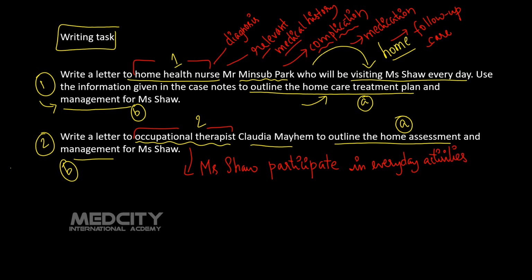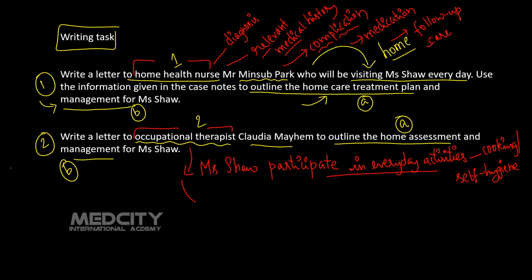Now Ms. Shaw has undergone some kind of treatment, so she's not fully alright to be on her own. So how her everyday activities should be managed. So what comes under everyday activities? It could be, let's say, cooking, okay. It could be about self-hygiene, okay. So these are routine, right, what everybody does. So how I can help my patient participate in these activities as an occupational therapist?